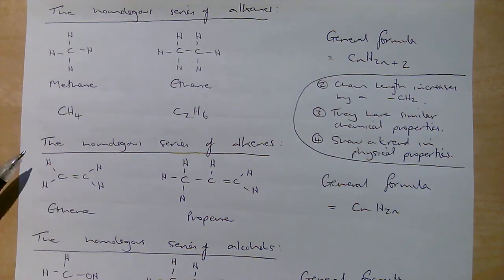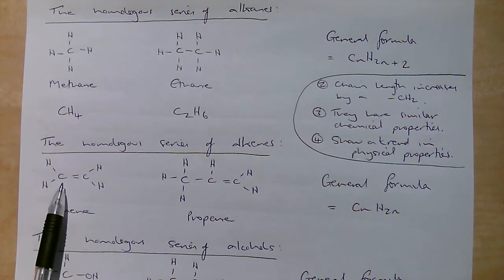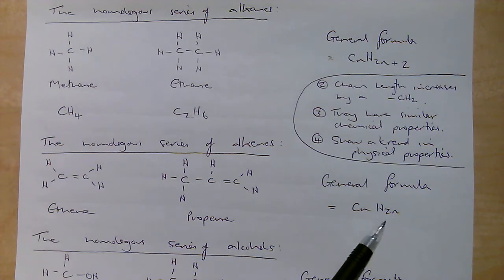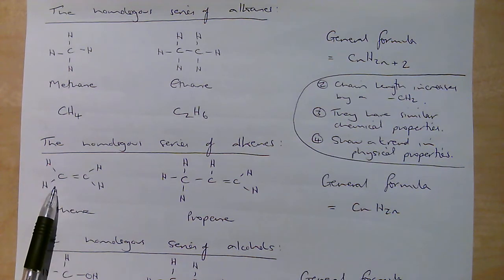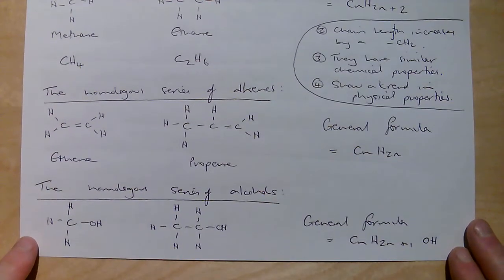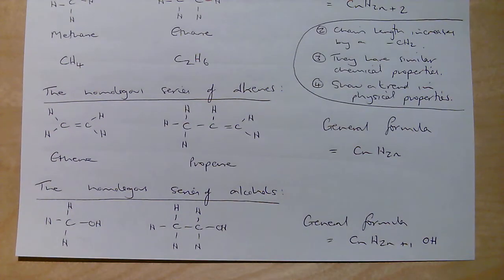Okay, let's have a look at the homologous series of alkenes. Remember, alkenes are represented by a carbon-carbon double bond. The general formula is CnH2n. So ethene, C2H4, propene, C3H6.